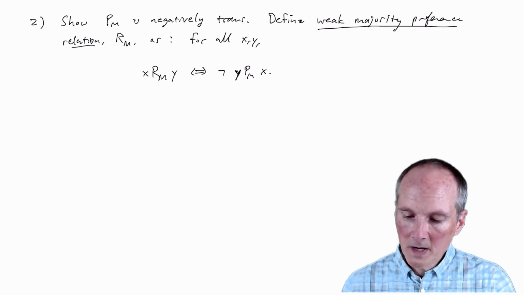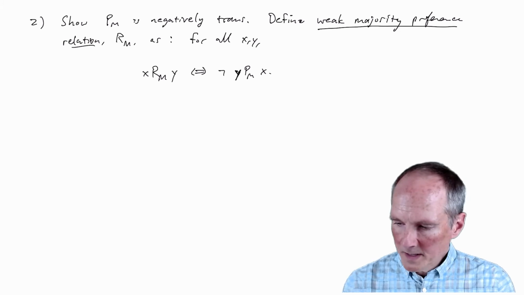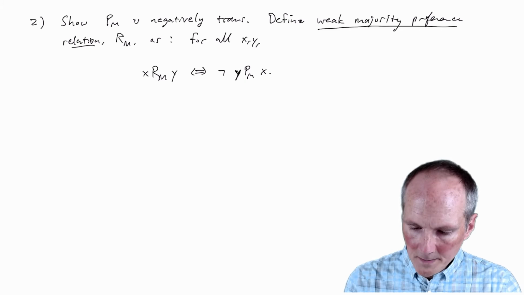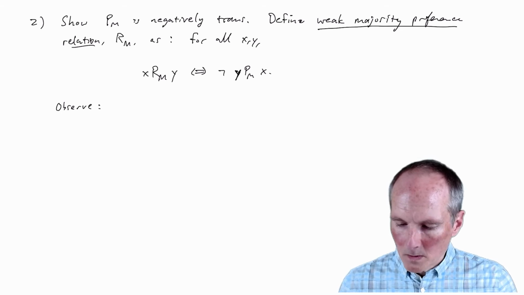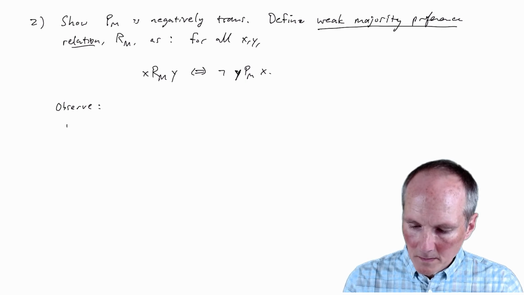Okay, so with that definition, I want to make 3 observations. First, suppose you have 2 alternatives, x and y.